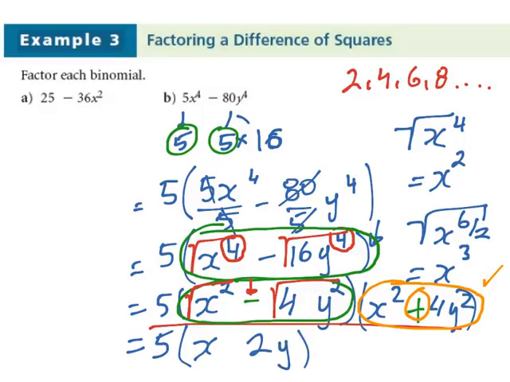And then we recopy it, but make sure that one is a negative and the other is a positive. And then, of course, we recopy the last factor that we could not factor further. And here is your answer.